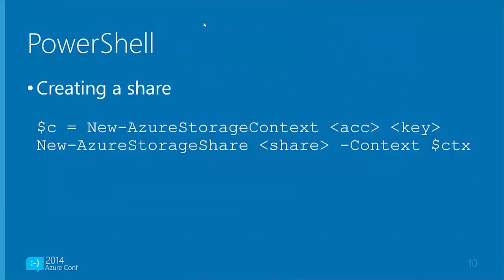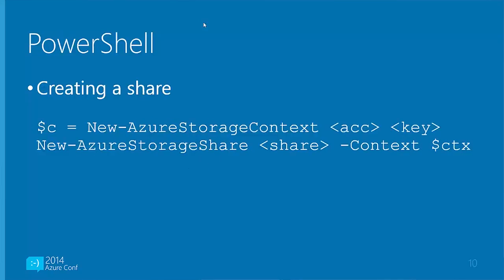Now, you'll typically start by creating a share in Azure Files, and you can do this using PowerShell, for example. On this slide, you can see that using PowerShell, I create a new Azure Storage context. And after that, I simply create a new share in that context.